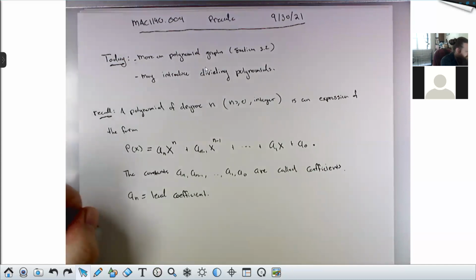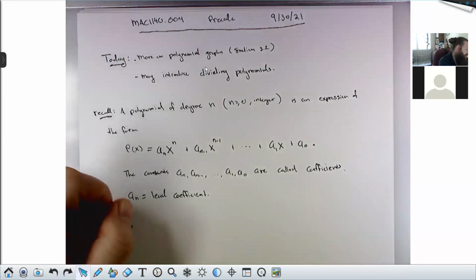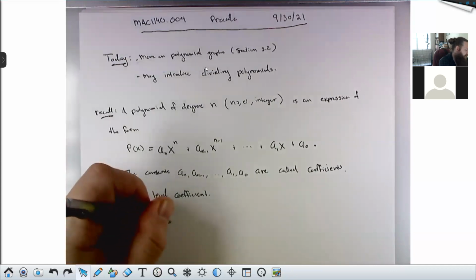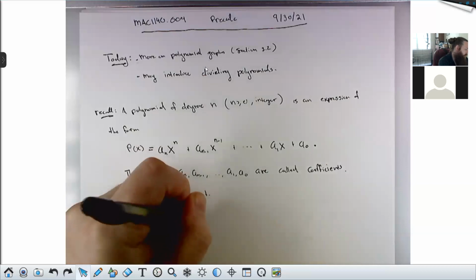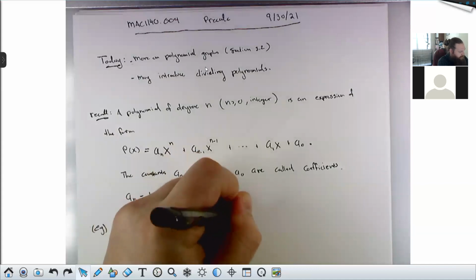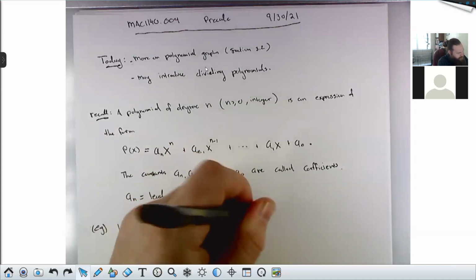Getting into this though, I just want to spend a second making sure we can identify the degree and coefficients of some specific polynomial. So let me generate one here.